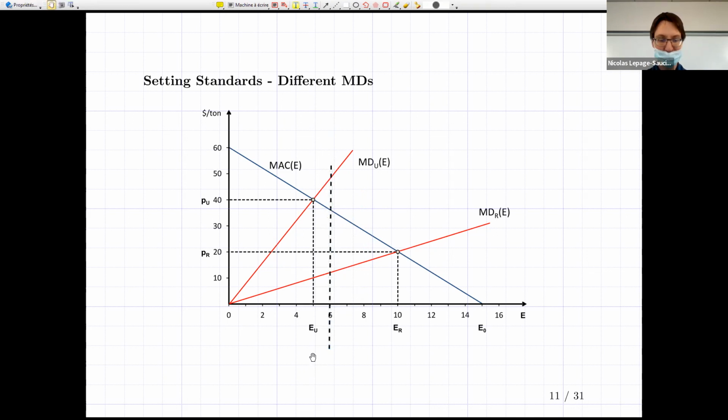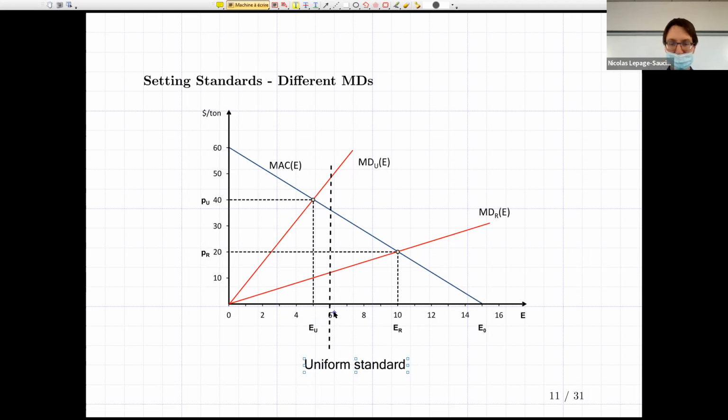If you have a uniform standard, then you will have two deadweight losses. One here because you abate way too much for the rural area, and one here because you abate way too little for the urban area.